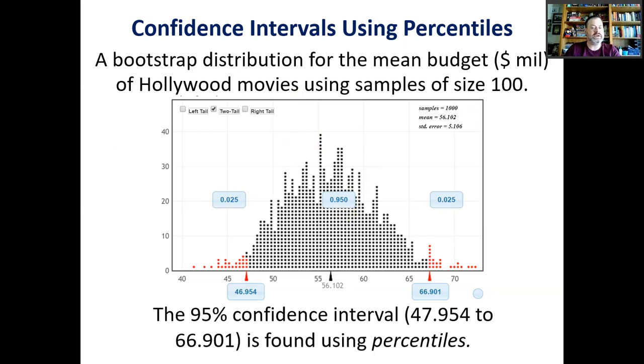And the way this works is, because we're bootstrapping, we're using our original sample as an approximation of the population. So if we had access to the population, then this would be a sampling distribution, and the middle 95% of the dots would be within 2 standard errors of the population parameter.